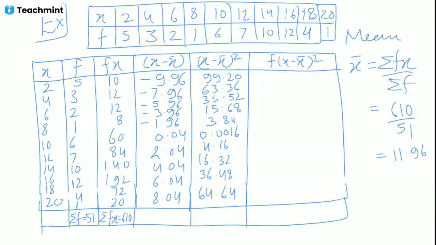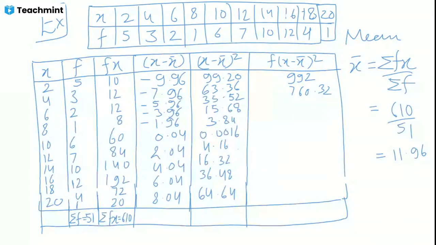So let's count: 1, 2, 3, 4, 5, 6, 7, 8, 9, 10. Okay, we have 10 values. So we have done this for all. Now let us multiply the corresponding frequency with these values. So 99.20 is multiplied with 10, so obviously we'll get 992. Then 63.36 multiplied with 12, so we have 760.32.